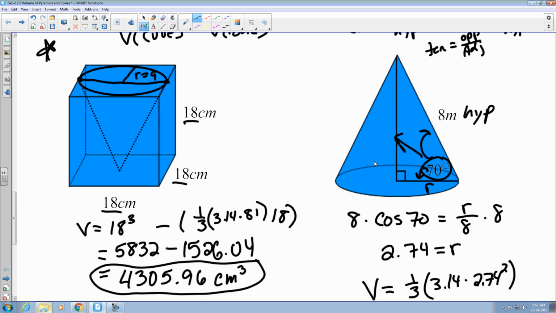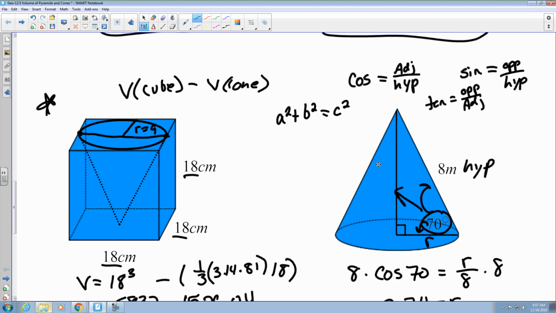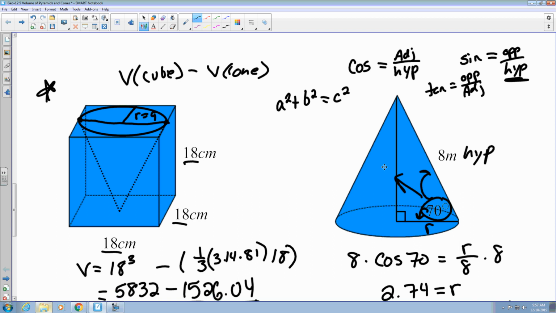Oh, we don't know what that is. But again, we can find it by using the Pythagorean theorem, a squared plus b squared equals c squared. You could also use the trig function sine. Actually, let's use that. That'd be better.